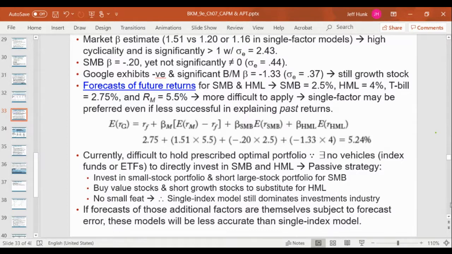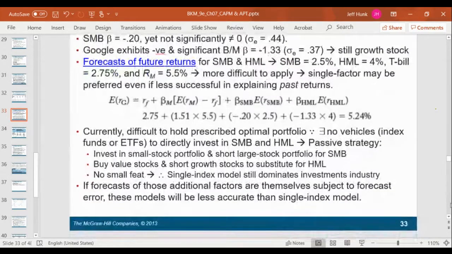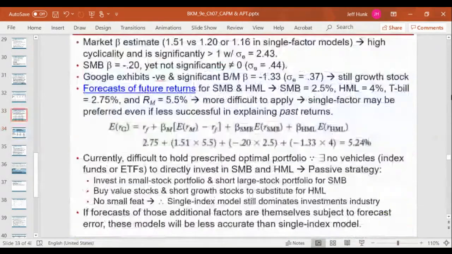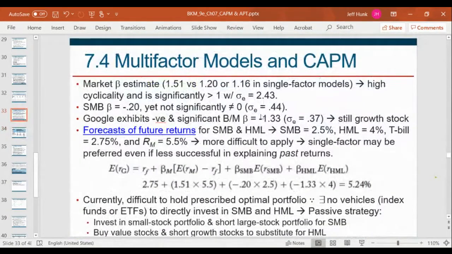And the summary statistics is here. Once you run the regression, you will get the estimates of beta and also their standard errors.